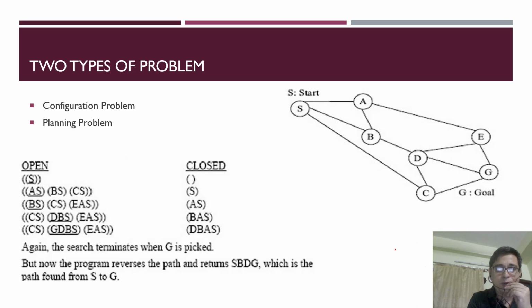Just look at this. We start with open as S. Then when you are expanding, you are appending your parent state also. You are at S, the children are A, B, C, so you represent them as AS, BS and CS.